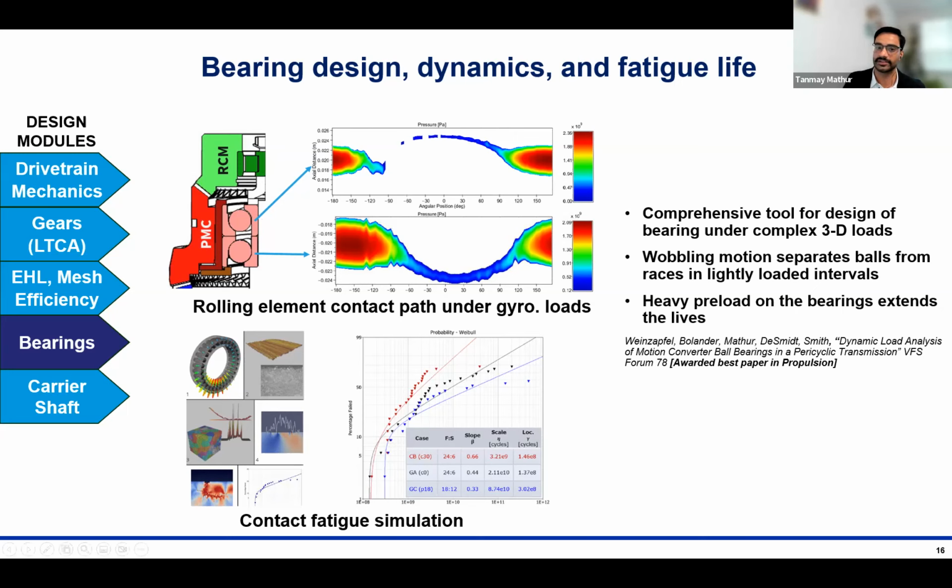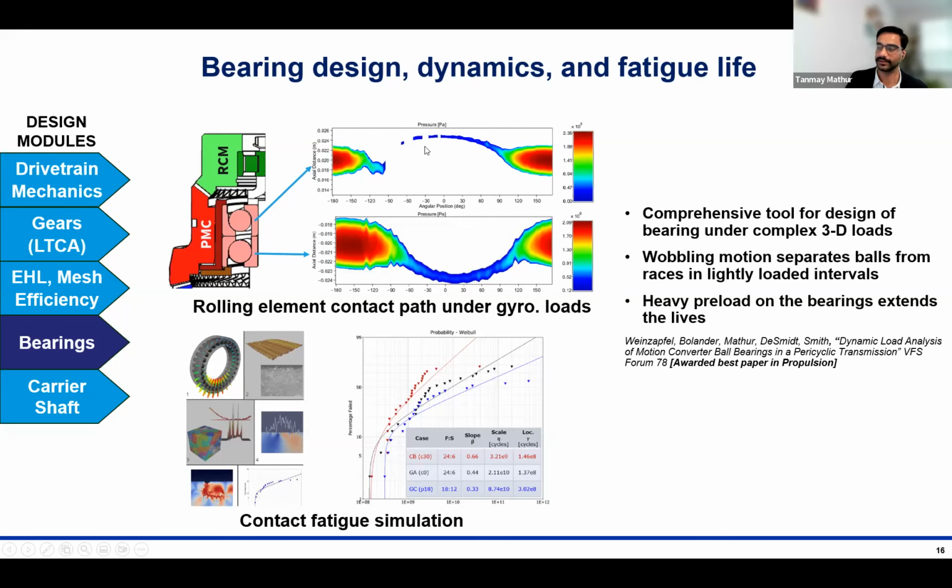So this is the inner race, the 360-degree inner race unraveled from -180 to 180-degree position. And what's shown here is the contact stress on the roller at different positions along this race.